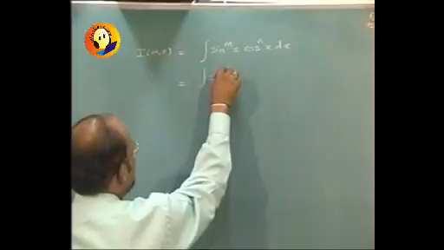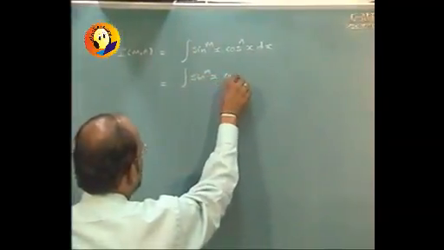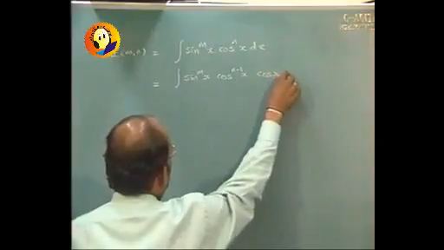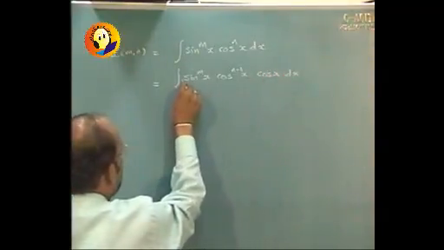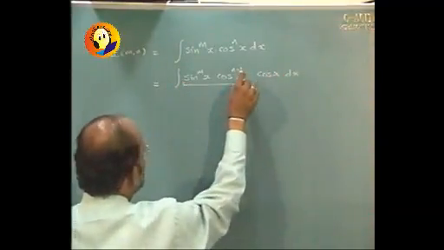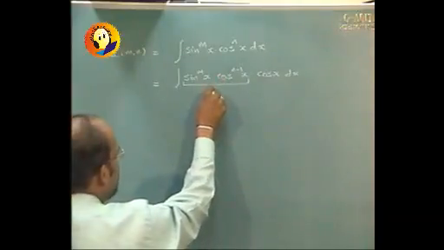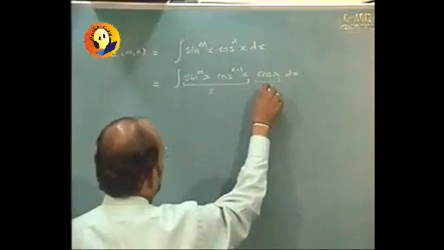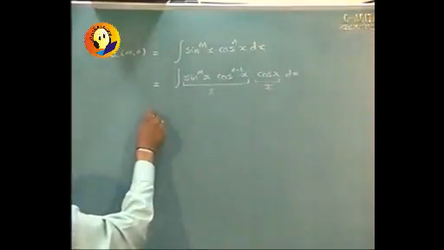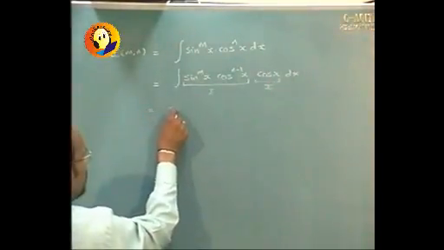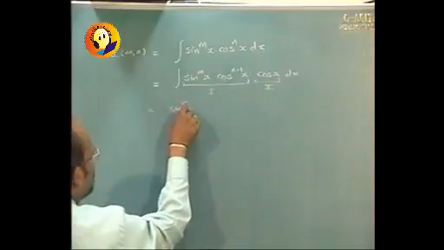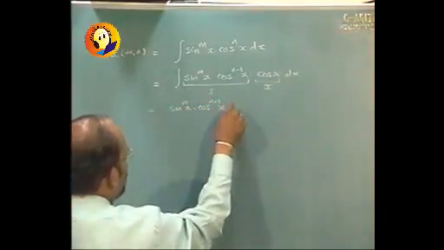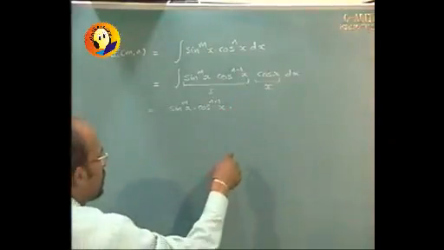So it will be sin raised to m x into cos raised to (n minus 1) x into cos x dx, where I will be treating sin raised to m x into cos raised to (n minus 1) x as function 1 and cos x as function 2. So using integration by parts, retain first, that is sin raised to m x into cos raised to (n minus 1) x into integrate second.